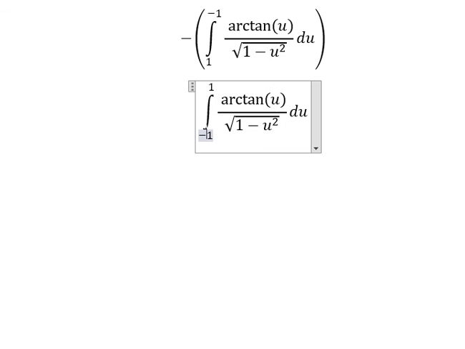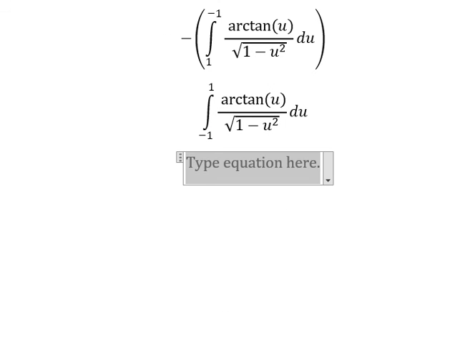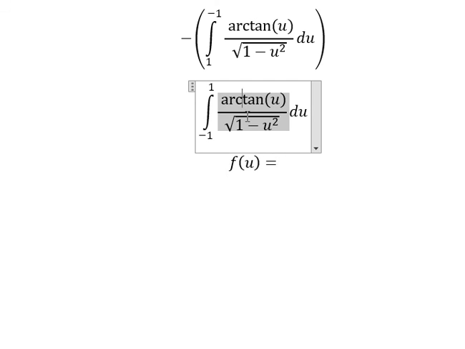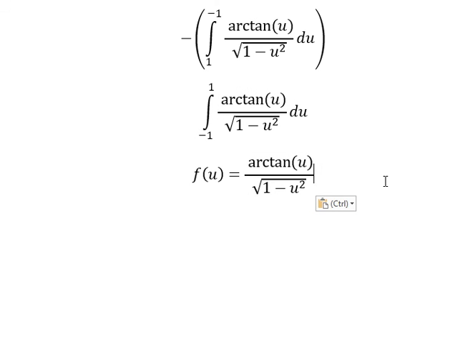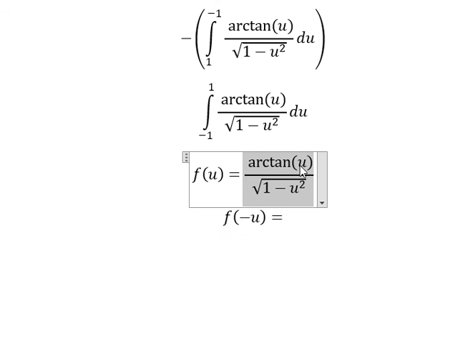Next, I will set up f of u equals to this one. Now, I will put f of negative u. So we put the negative in here.